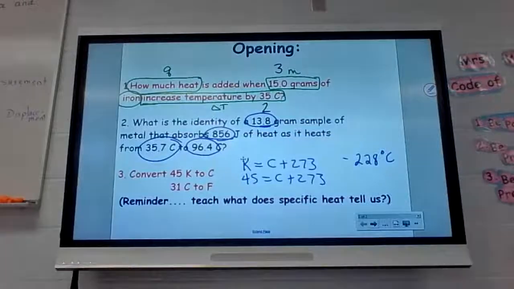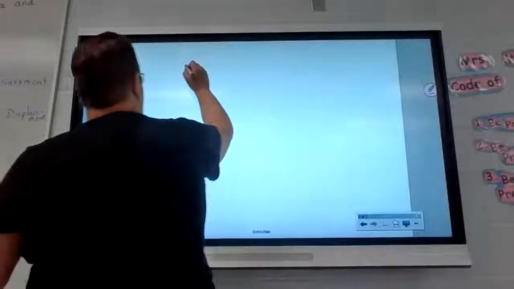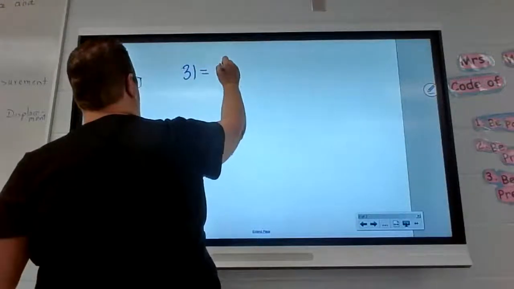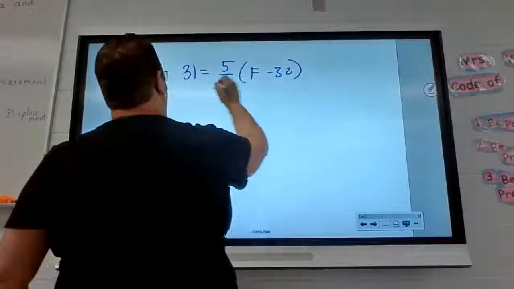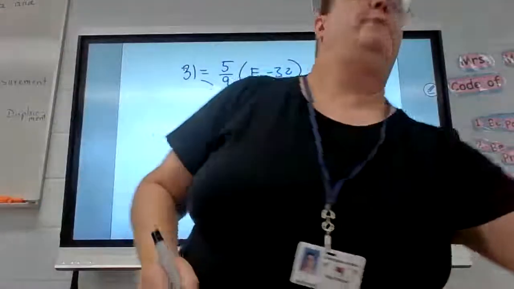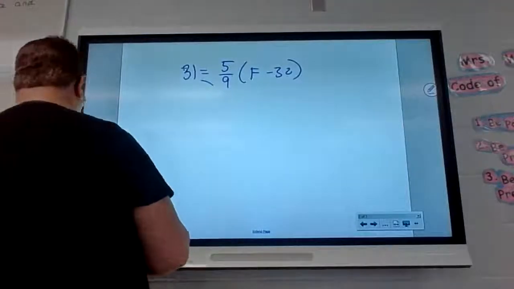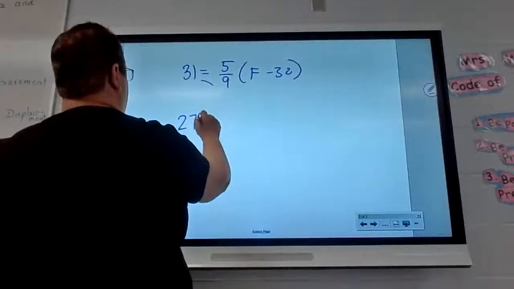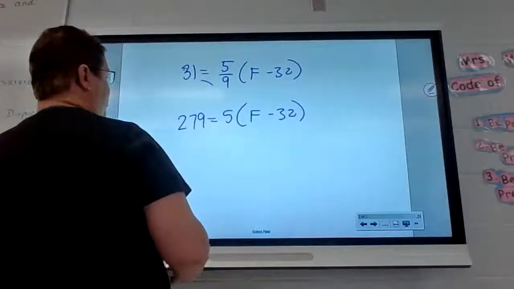All right, and 31 Celsius to Fahrenheit. So 31 equals 5/9 F minus 32. So cross multiply, because again, I'm terrible at fractions. 31 times 9, that is not improved with age, equals 5 F minus 32. I'm not distributing this time.